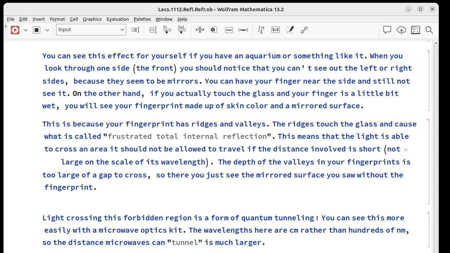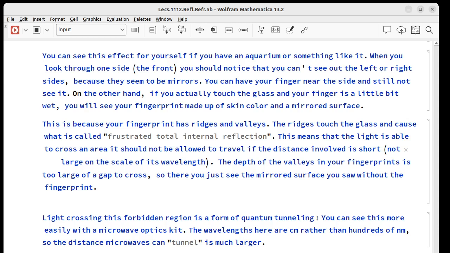It gets absorbed into your finger, and some of it gets radiated back or reflected back, and you can see your fingerprint. On the other hand, the valleys in your fingerprint, they're too deep for the light to be able to cross and get to your skin and bounce off. So you just see the mirrored surface.